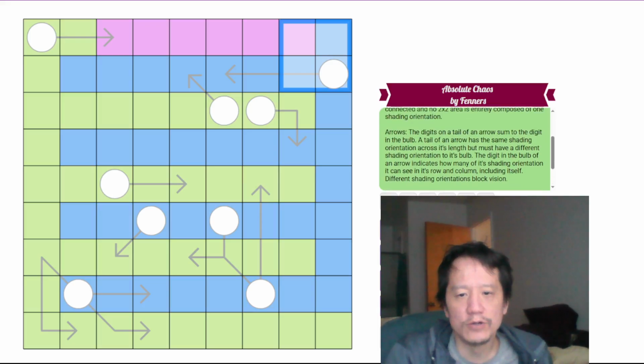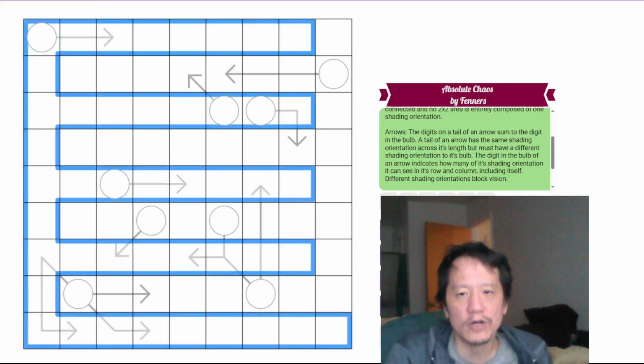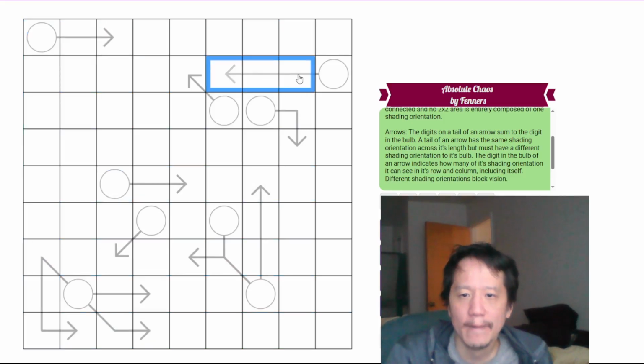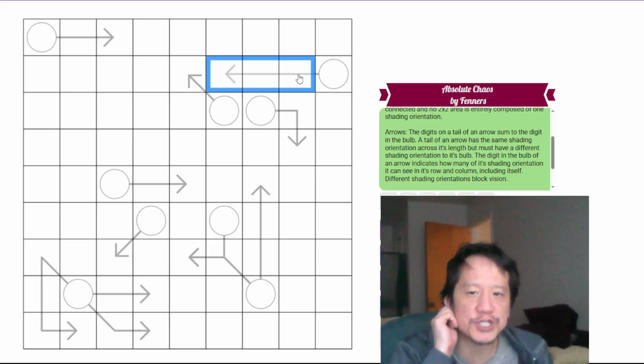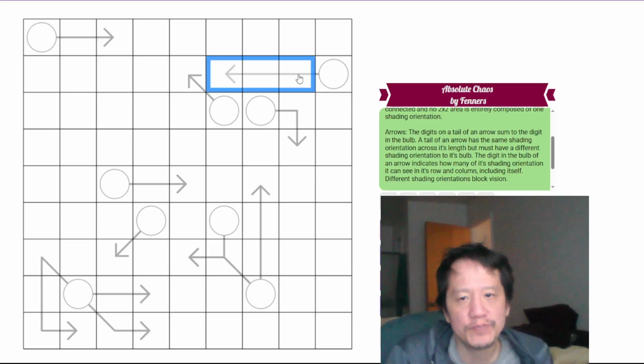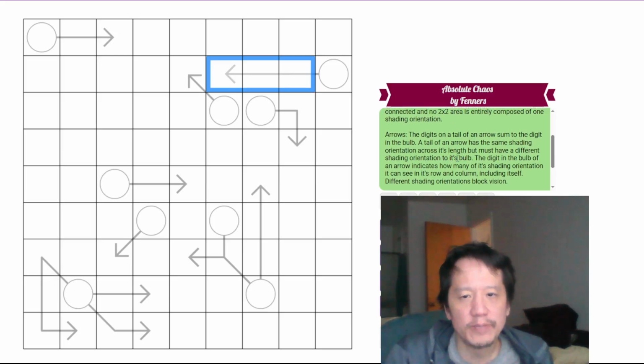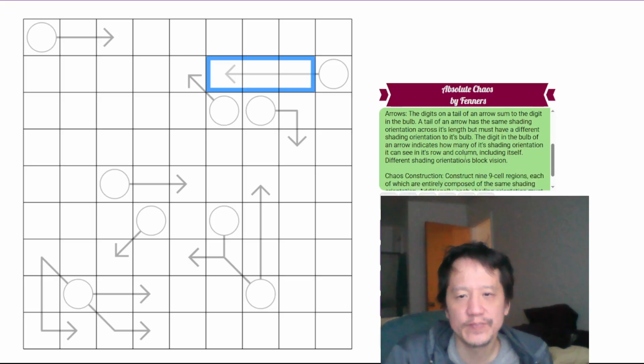For the arrows, the digits on a tail of an arrow sum to the digit in the bulb. The tail of an arrow has the same shading orientation along its length, but must have a different shading orientation to its bulb. This should actually just not be with an apostrophe, because the apostrophe is the contraction it is, instead of its bulb, which is the possessive.